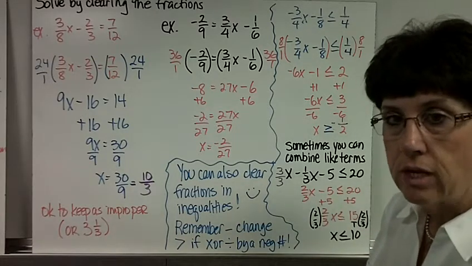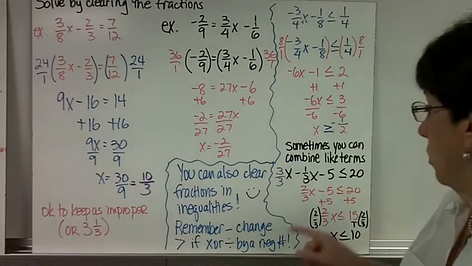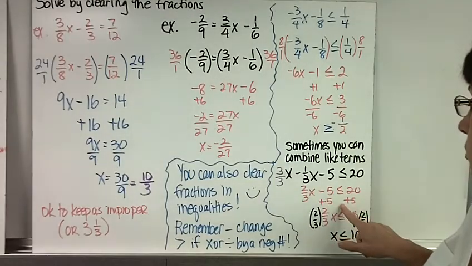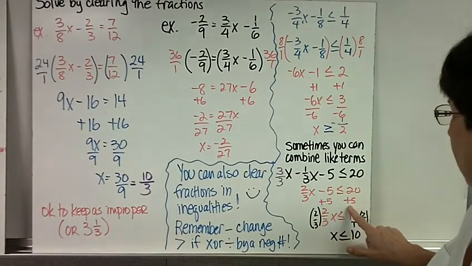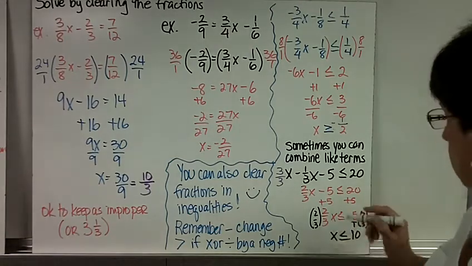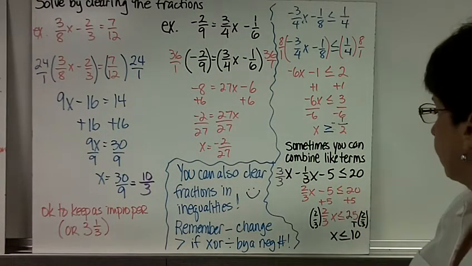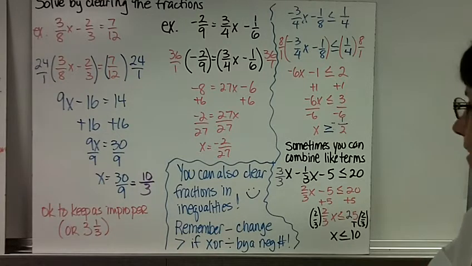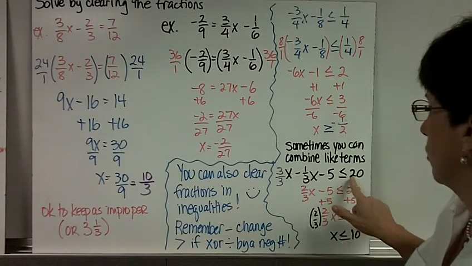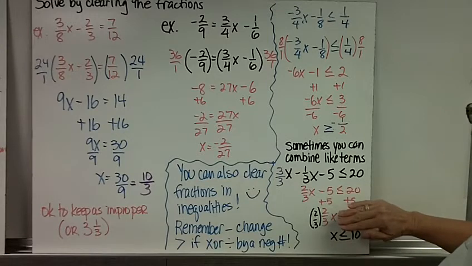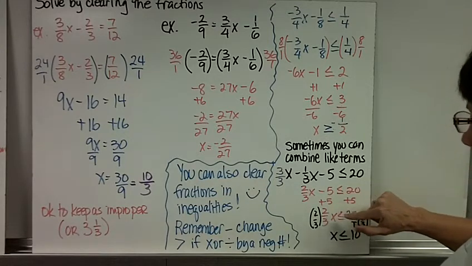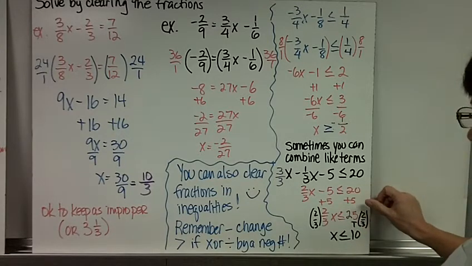Well, they're not all fractions, so I don't have to clear the denominator yet. So I'm going to add 5 to both sides, and then, what am I doing? I'm having a ton of problems here today. It's 25, 20 plus 5. I think I wrote the problem down wrong, I think this should have been a 20. So now my problem is 2/3 x is less than or equal to 25.